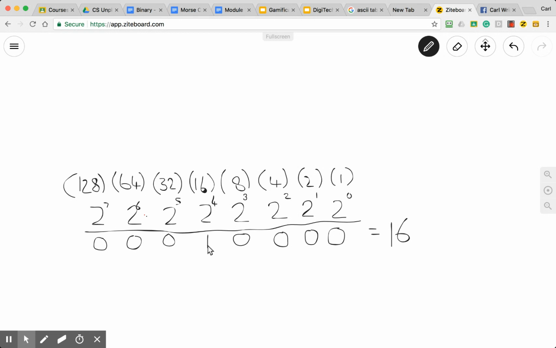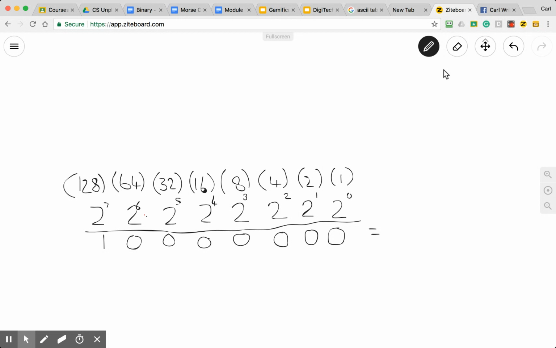So this number here, for instance, this number here is 128.